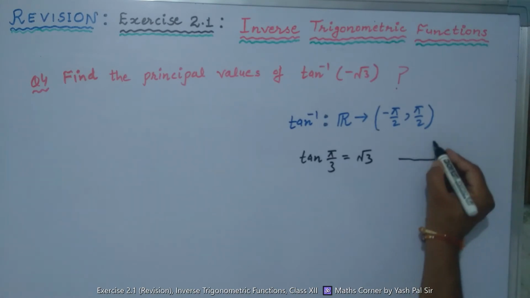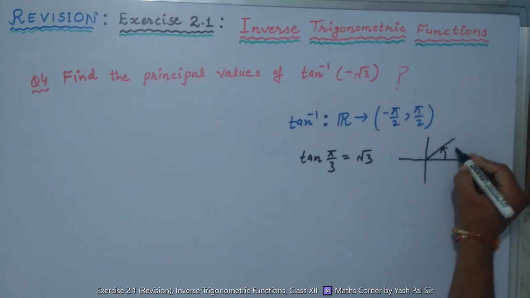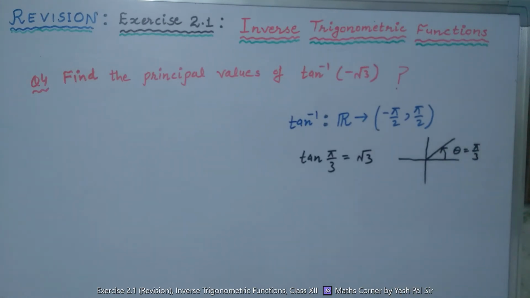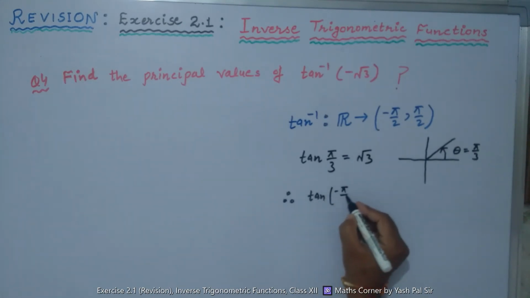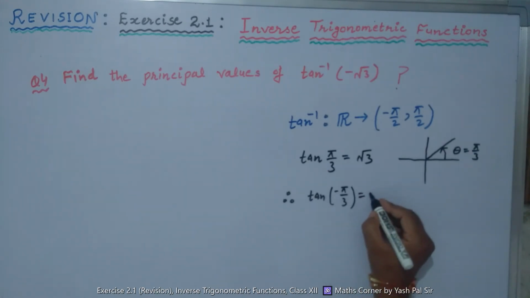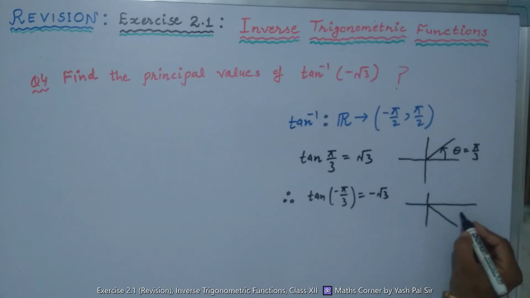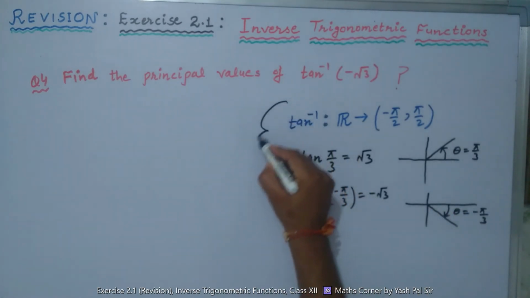Taking 60 degrees anticlockwise, theta is pi upon 3, a positive angle. Therefore tangent of minus pi by 3 is equal to minus square root 3. Taking clockwise, theta is minus pi by 3. A clockwise angle is negative. This is the rough work.